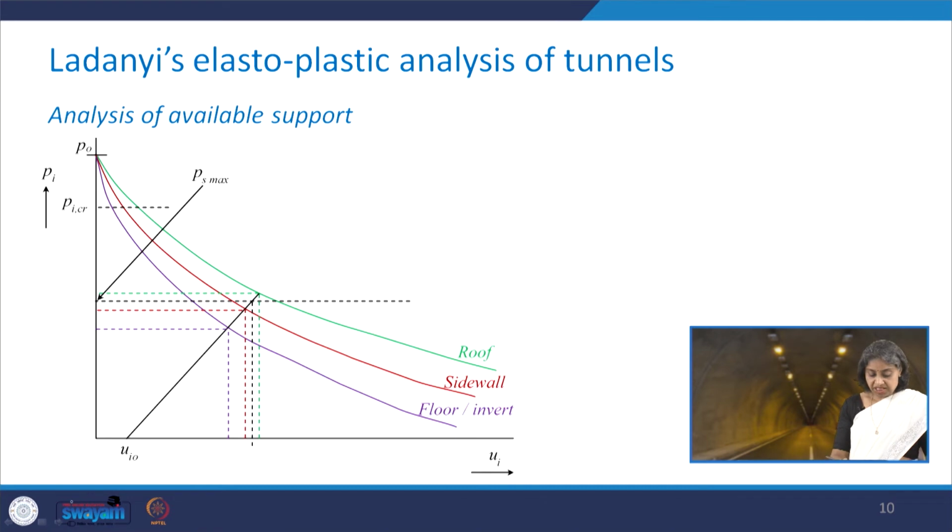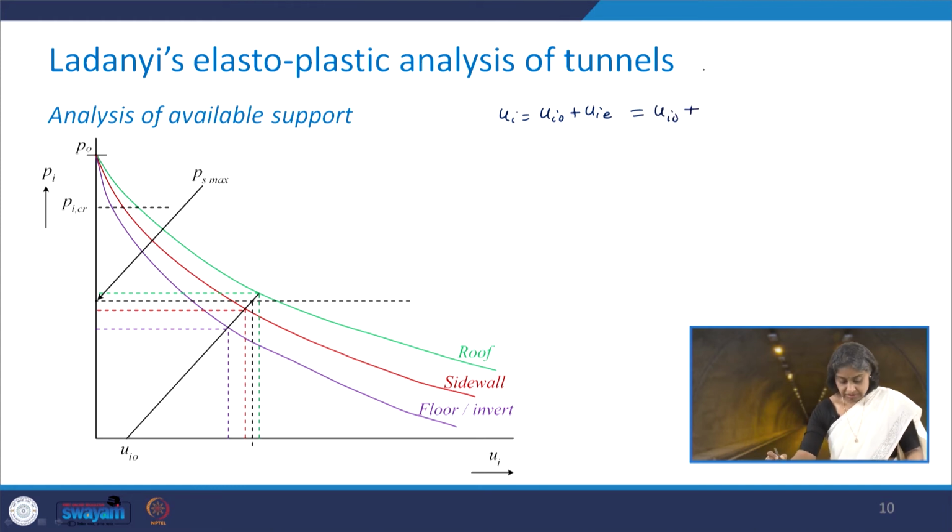So from equation number 1 that I gave you, Ui equal to Uio plus Uie, this we can write as Uio plus Pi into Ri upon K, if I just substitute the expression from equation number 2.